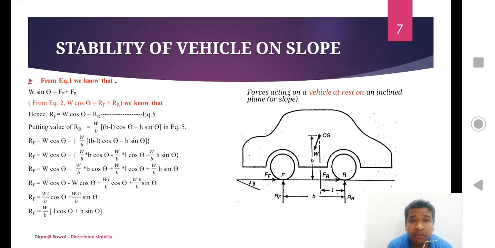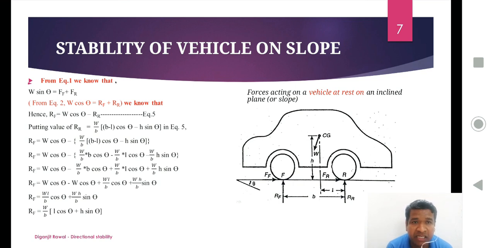So next we see that RF is equal to W cos theta minus W by B into B cos theta, and when we remove that bracket, minus and minus becomes plus. So plus W by B into L cos theta, again minus minus gets cancelled and it is plus W by B H sin theta.